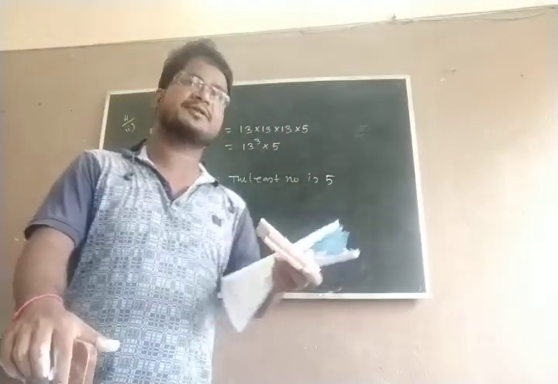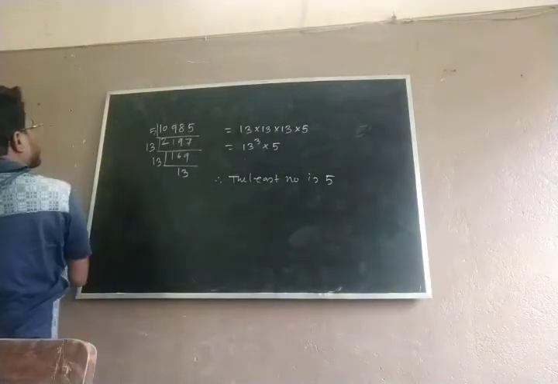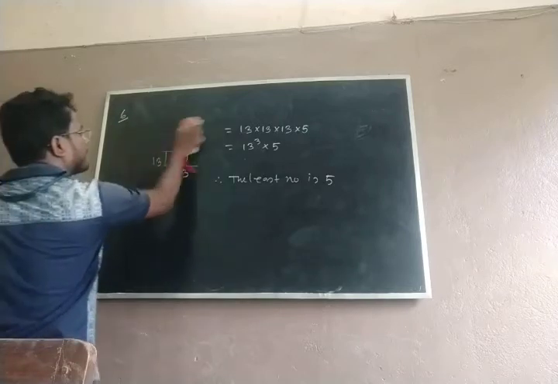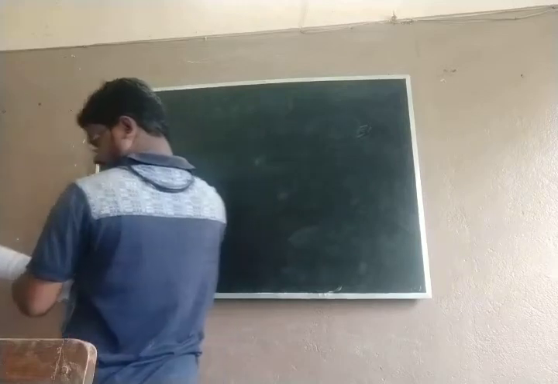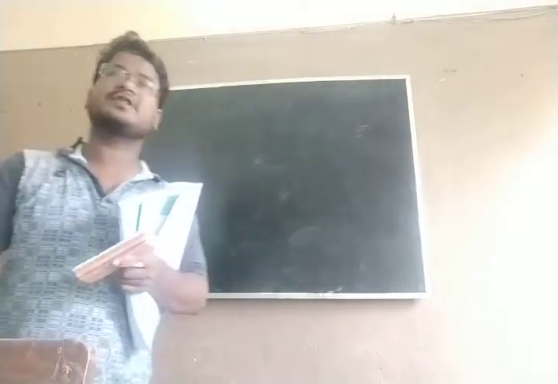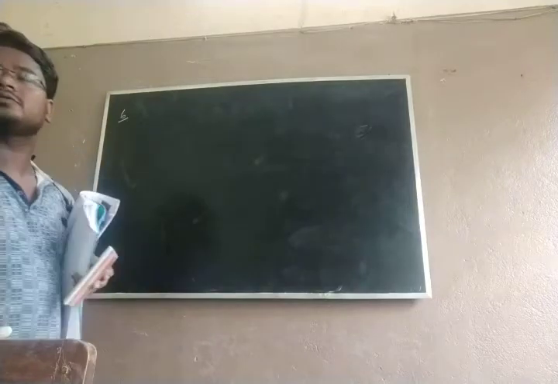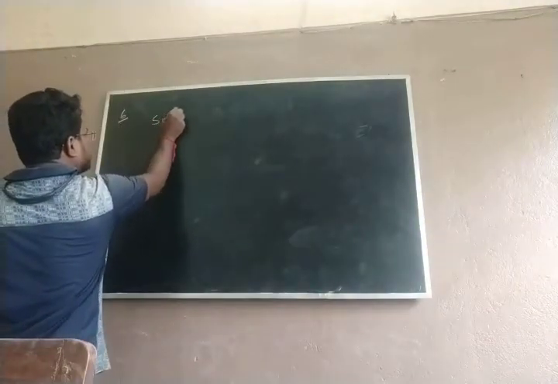Next, number 6. Find the volume of a cubical box whose surface area is 486. Yes, cubical box surface area. Formula of surface area of a cube is 6a square.